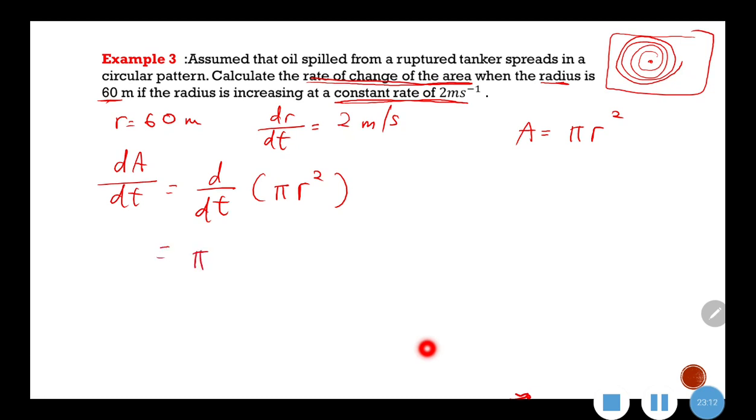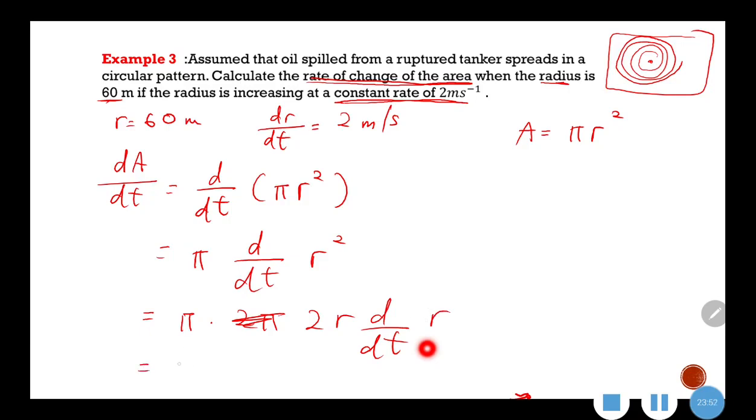Pi can be put outside, and we just need d dt of r squared. So 2 pi r times dr dt, and r is 60 and dr dt is 2.